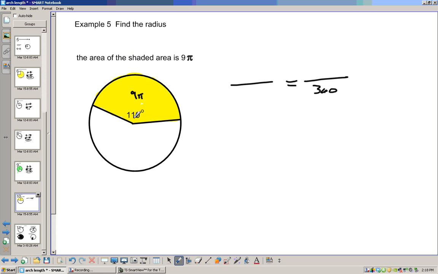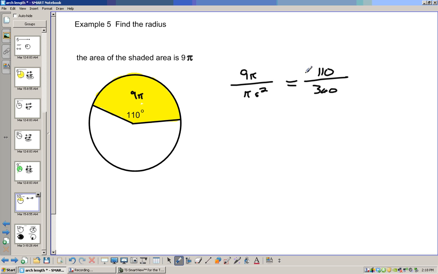The area of this shaded part is 9 pi. And the area of the entire circle is pi r squared. We're looking for r, so we're going to cross multiply.